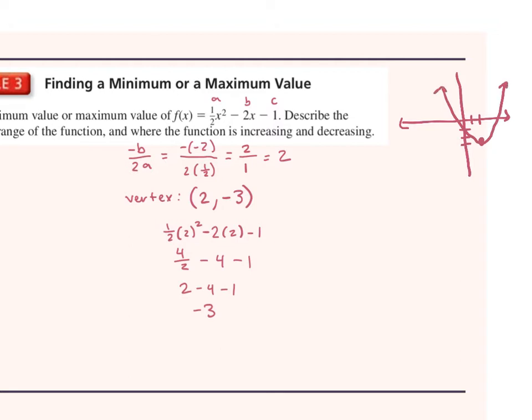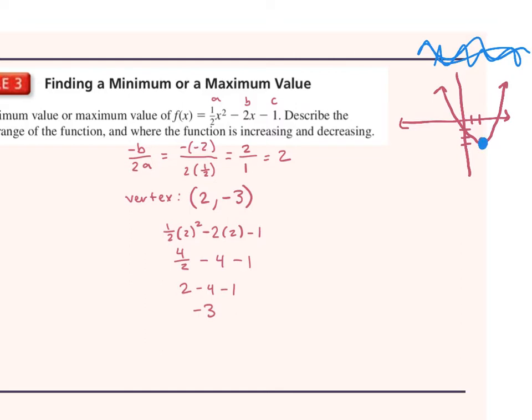So do we have a max here or a min? Min. We have a minimum value. So if we look here, we have numbers that go all the way up to infinity, but we can't specify what our maximum point here is. But what's important here is the minimum value, which is our vertex.